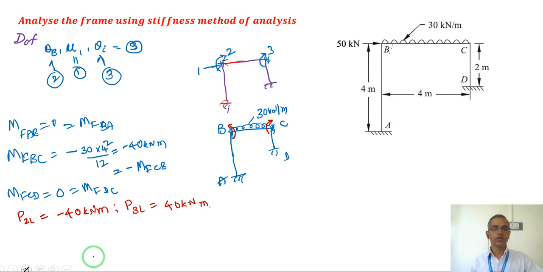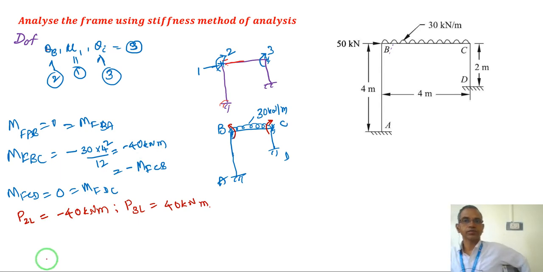Now the stiffness coefficients for each of the coordinates. Let us see. I will draw this structure again.